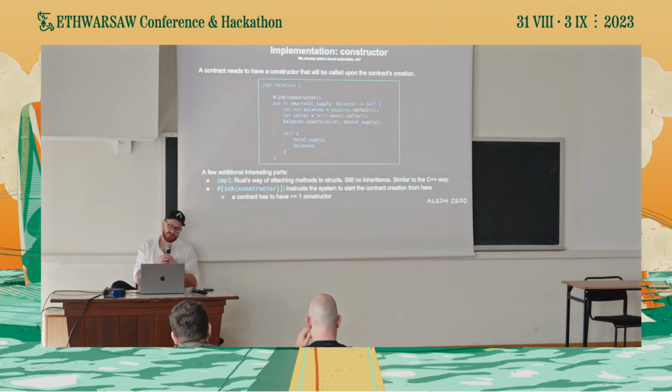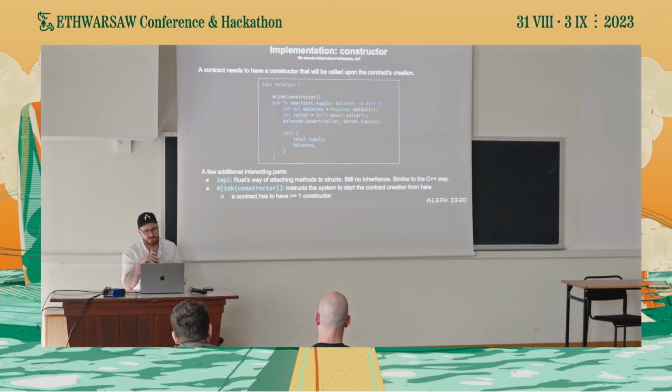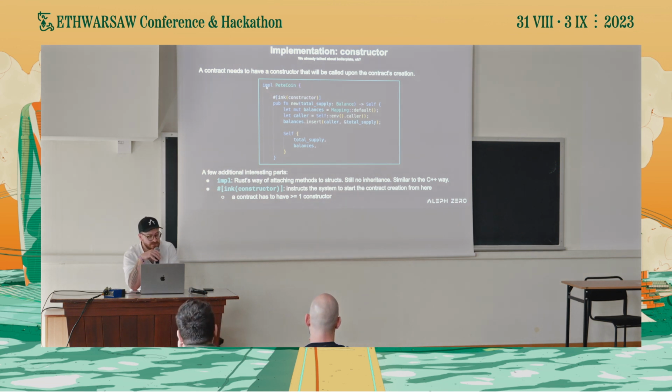Now, I said that Rust structs don't have behavior attached to them, well, inside of the struct. That's true, but you can add certain methods to the struct outside using the impl, short for implementation, I guess, or implement, block.